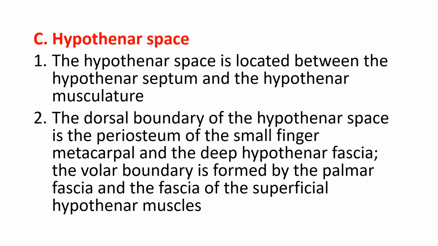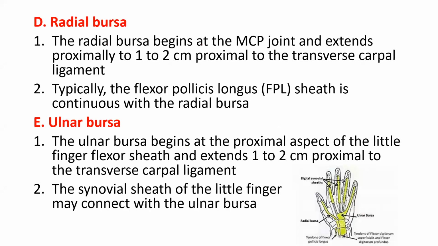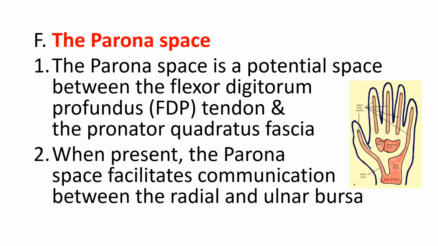And you should know that there is one bursa, or long sheath with a bursa around it, in the small finger. And you should know that in the index finger you have another, and these can connect. When you have an abscess there, it's called a horseshoe abscess. You have to think about the radial and ulnar bursa.